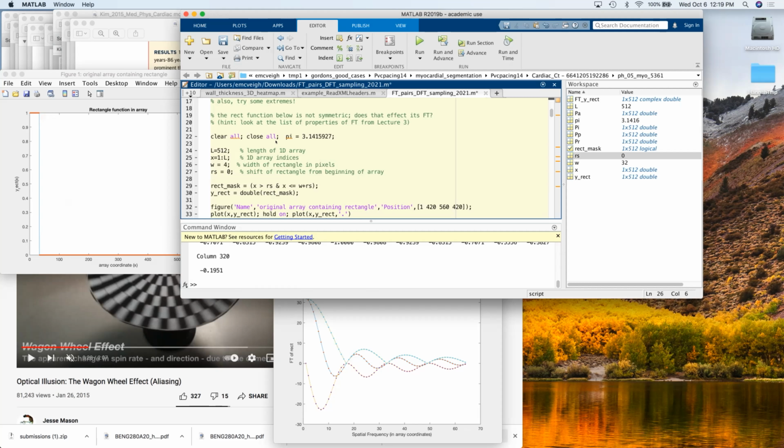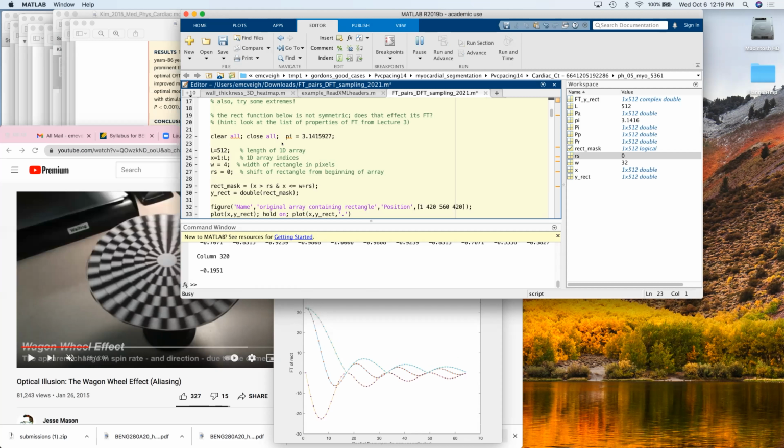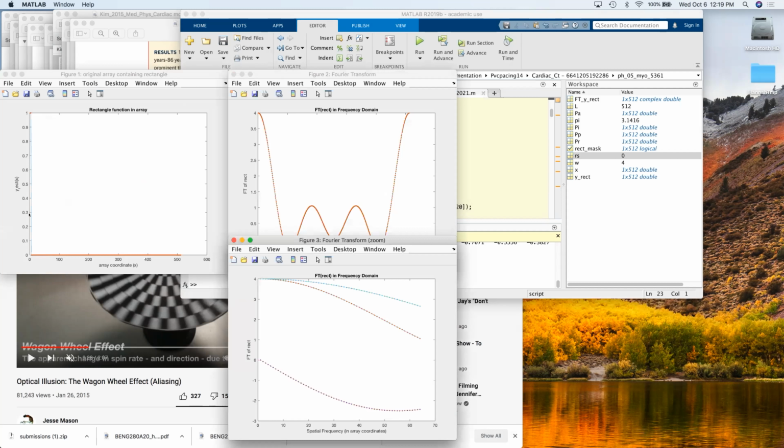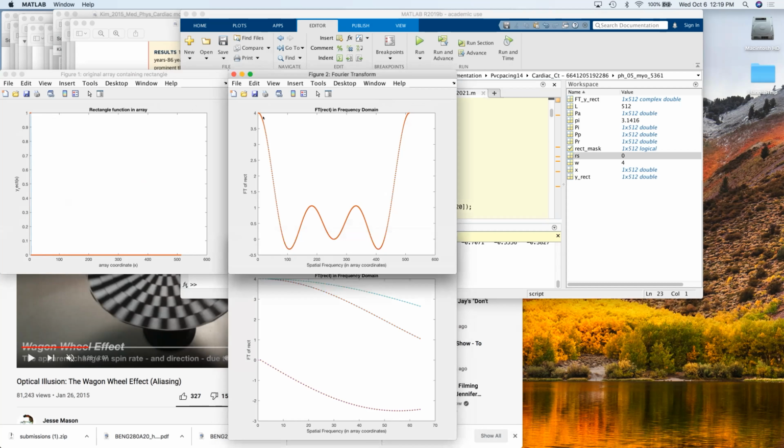What does the Fourier transform look like? Just run it again, right? Bump, bump, bump. So now it's a really narrow rectangle here. I look at the Fourier transform and I have this. It's a sinc function, but the zero crossings of those waves are much wider, right? And notice also it's reflected about this center point. So what's with that?